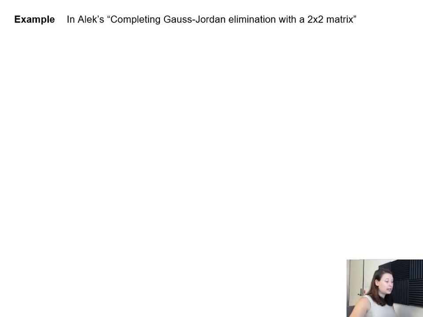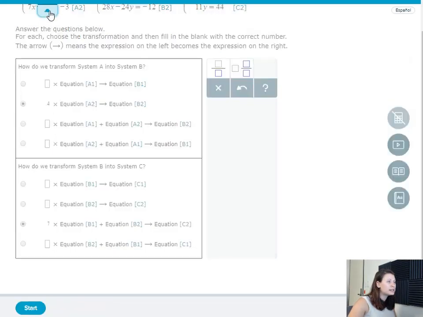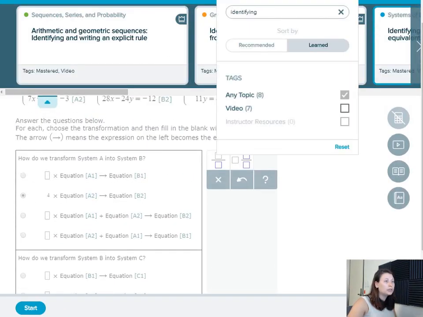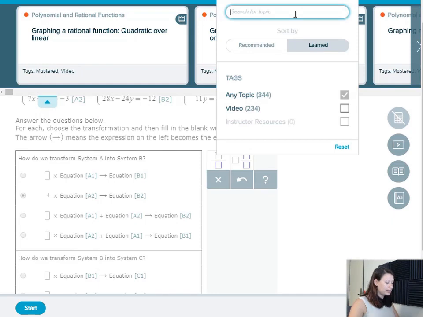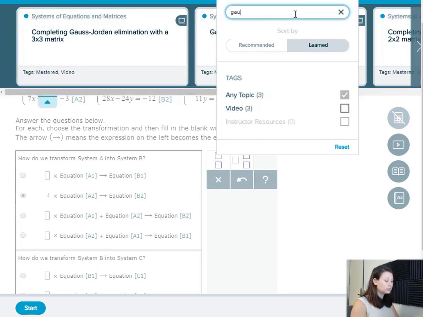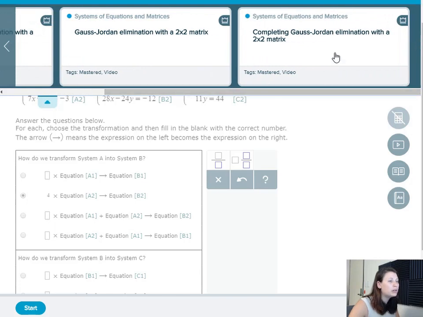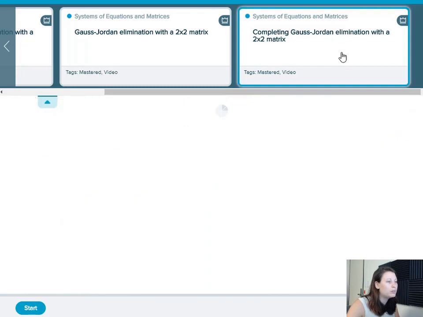So the next thing is doing an example in Alex again. So this is a different filter. This is Gauss-Jordan, okay? So we want to complete Gauss-Jordan elimination with a 2x2 matrix.